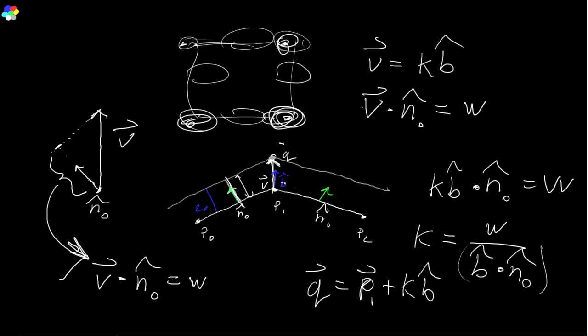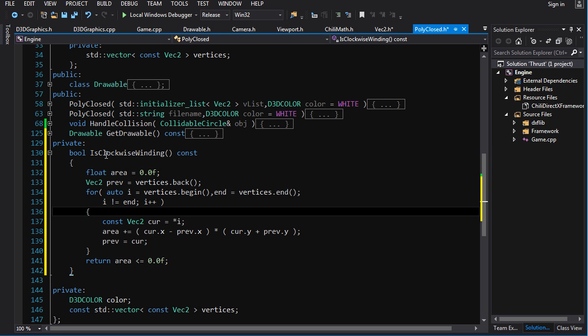And the result is something very close to the area. That was wrong. Where's my thing? Here it is. It's something similar to the area of the polygon.